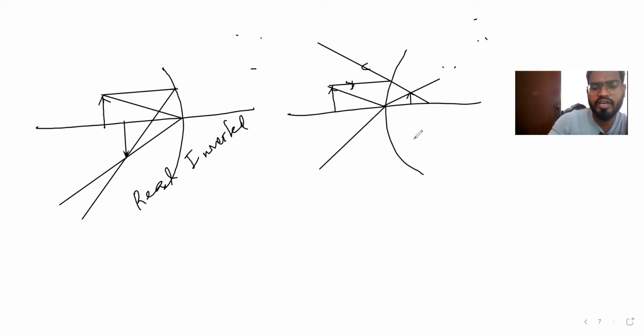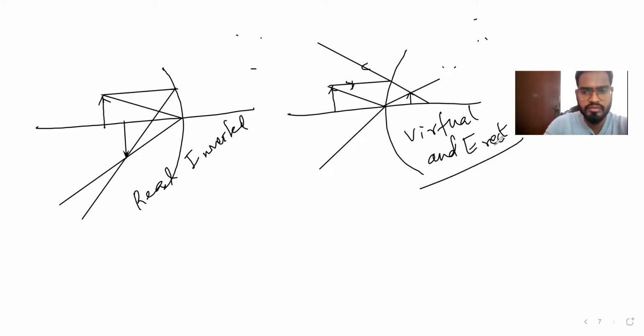And this is virtual and erect. Okay, so these two types of image will form. Like we are seeing the overall picture of what we are going to learn in this chapter: real, inverted, virtual and erect. So like this we are going to see.